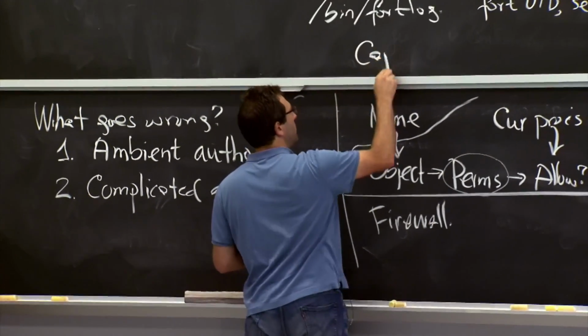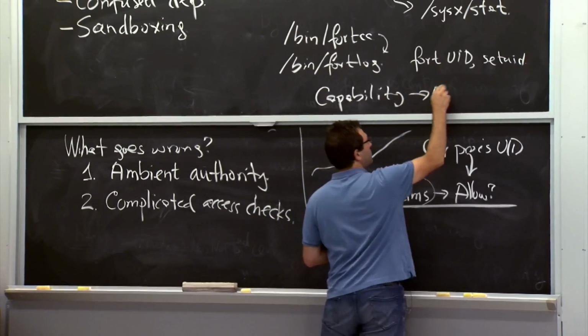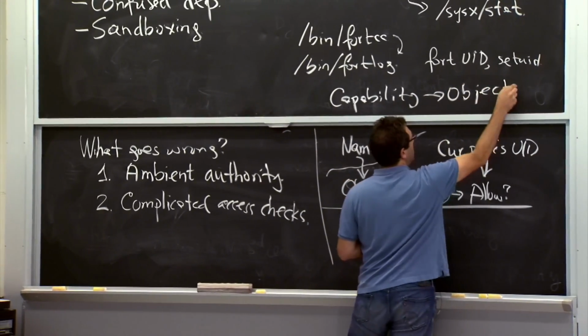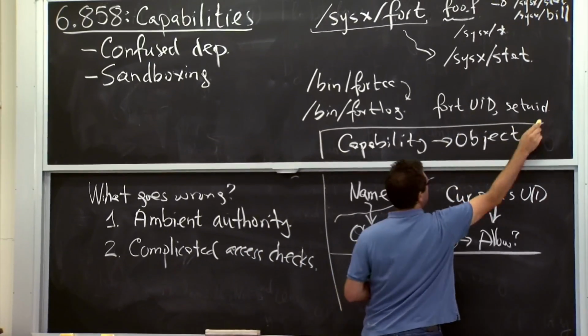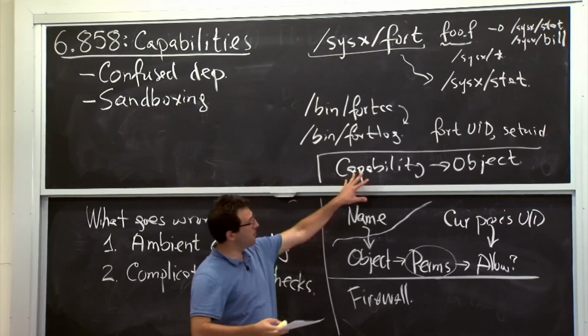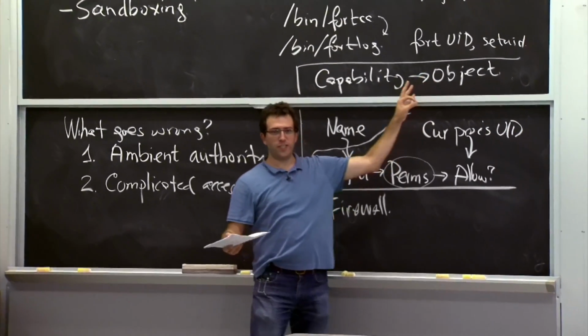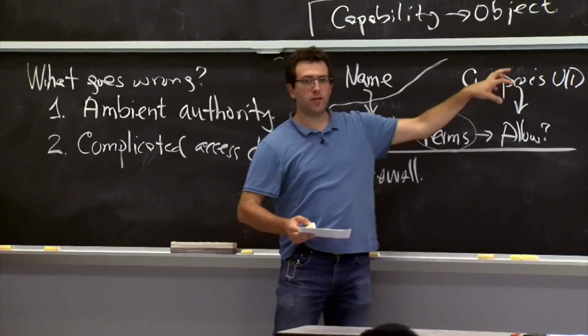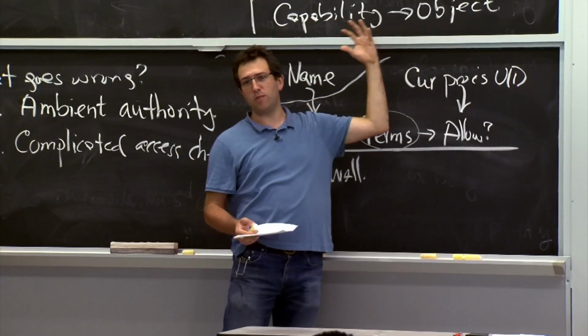You have a capability, and if you have a capability, it points to an object. And maybe the capability has some small number of restrictions of what you can do with an object. But basically, if you have a capability to an object, you can access the object. Actually very simple. So there's no ambient authority that decides whether an operation on a capability is going to be allowed.